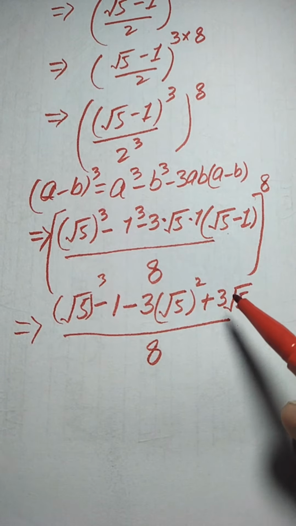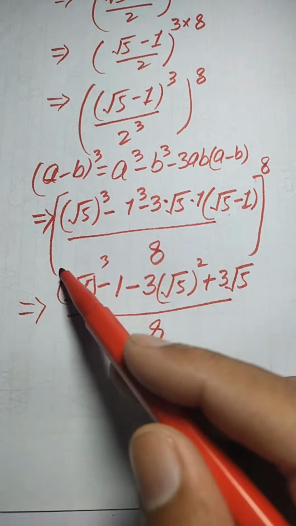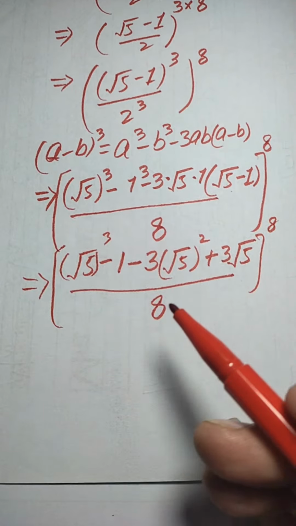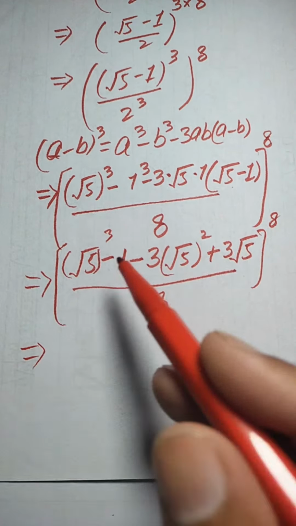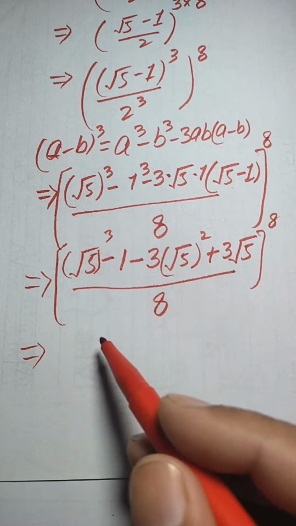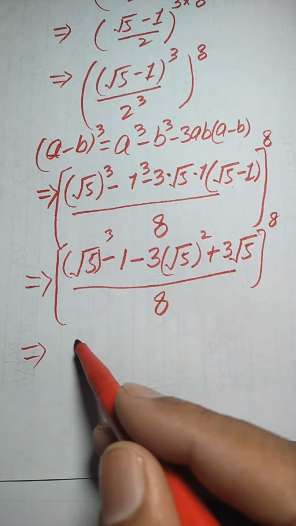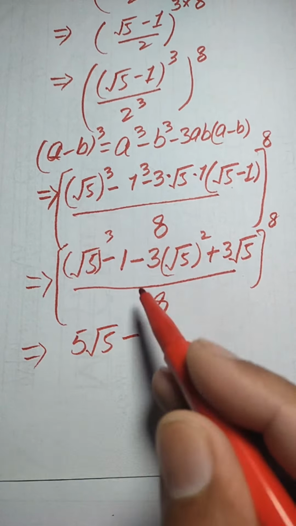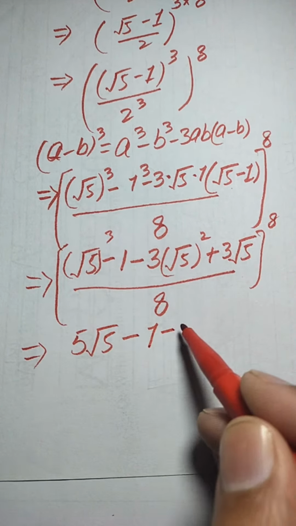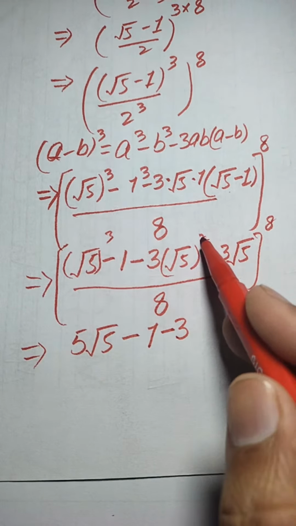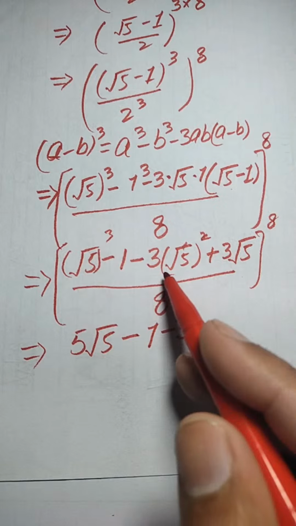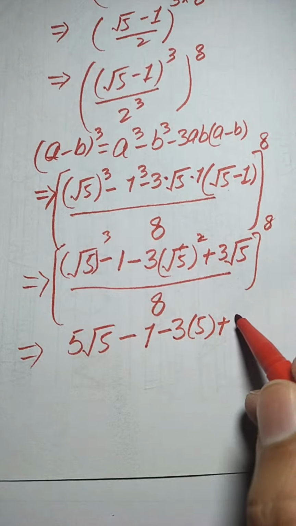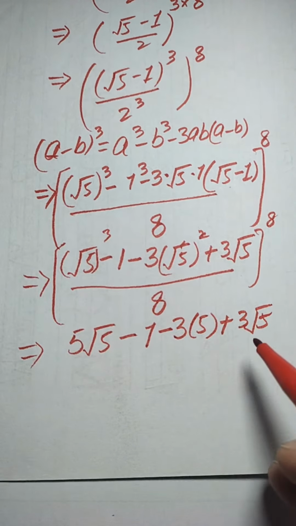Further, in the next step we write this square root of 5 cubed in this form: 5 into square root of 5, minus 1, and minus 3 times these two, where the square roots are gone and we get 5 only, plus 3 times square root of 5.